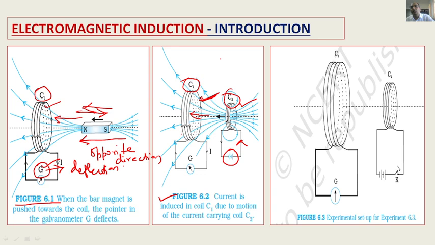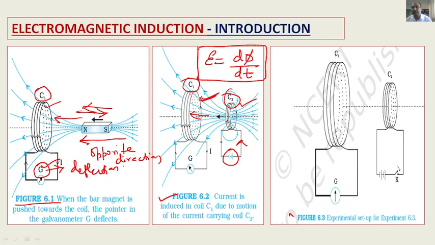It means that induced EMF is generated, and it can be given a mathematical expression as d phi by dt, the change in magnetic flux per unit time. So this was the second experiment.